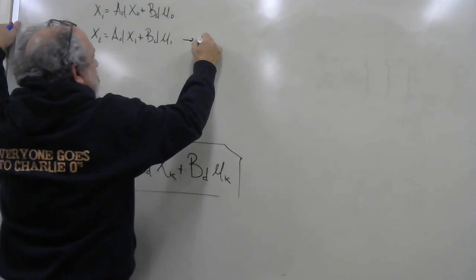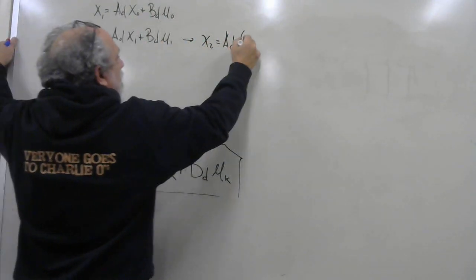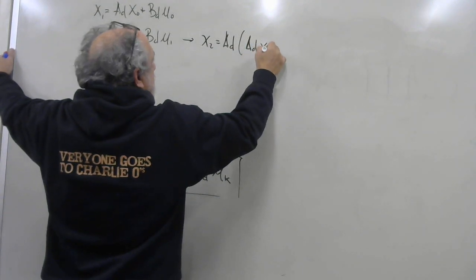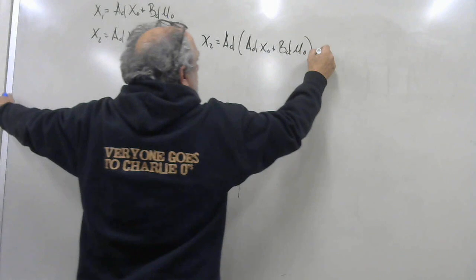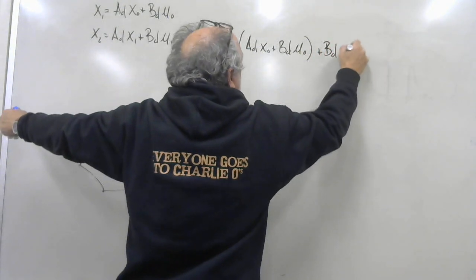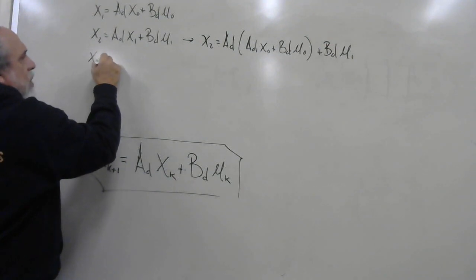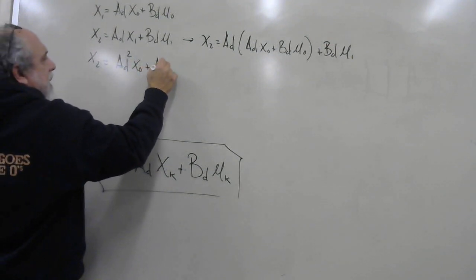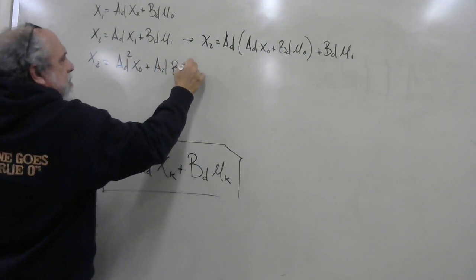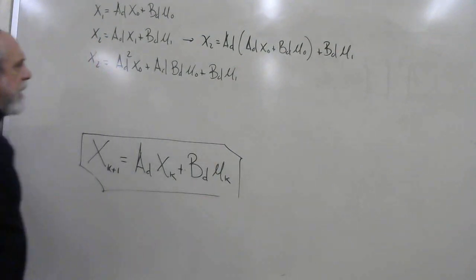Therefore, we say that x2 is equal to AD times this guy, which is AD times x0 plus BD times u0, plus BD times u1, right? And therefore x2 is really AD squared times x0 plus AD BD times u0 plus BD times u1, right?